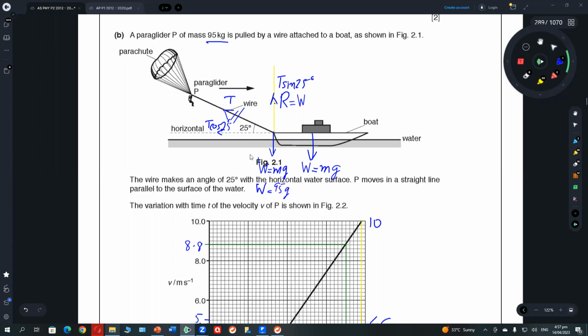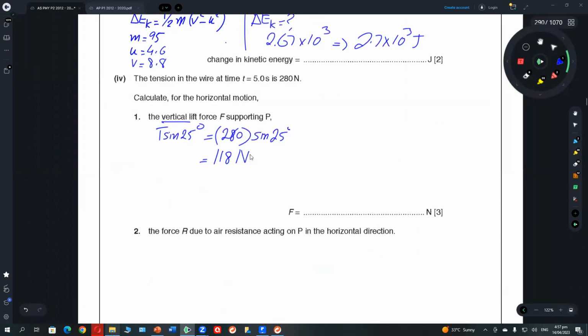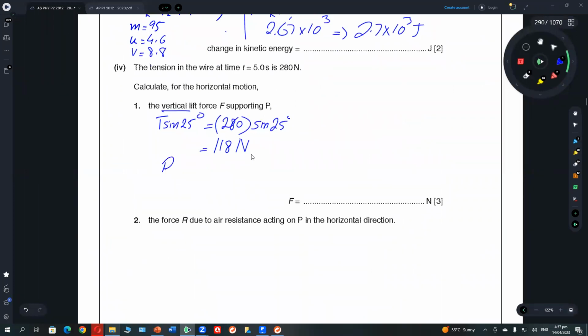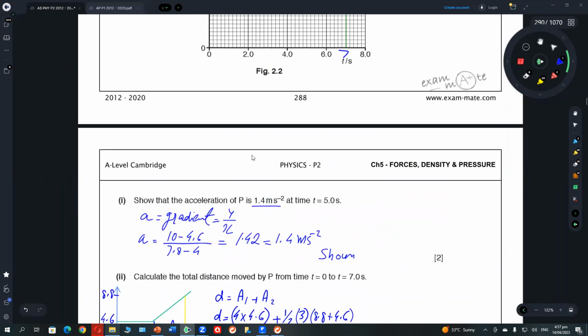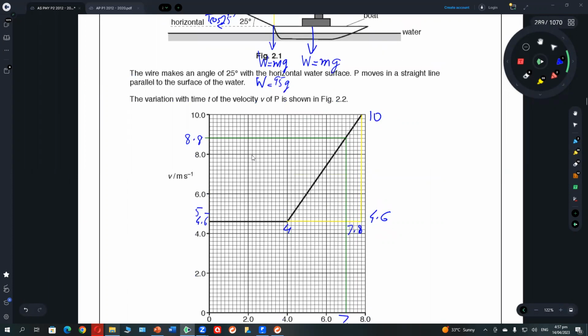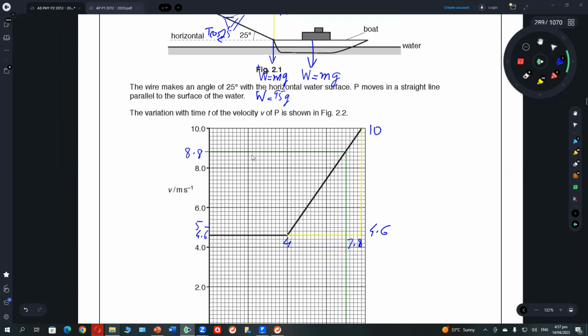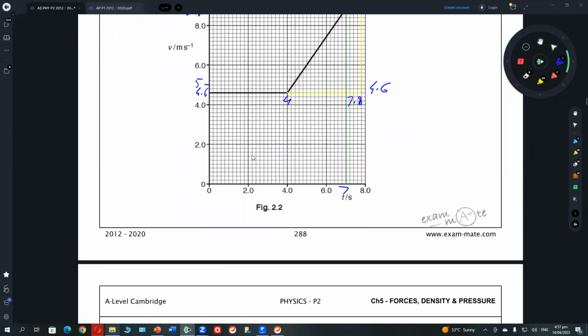So there is another upward force. R is equal to W is equal to mg, and it is 95 kg.